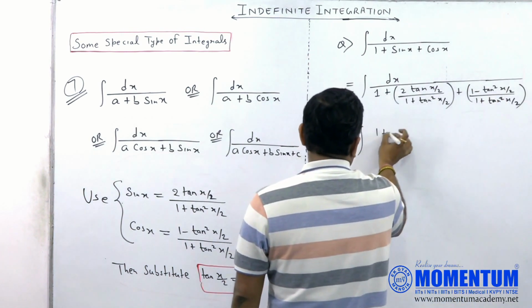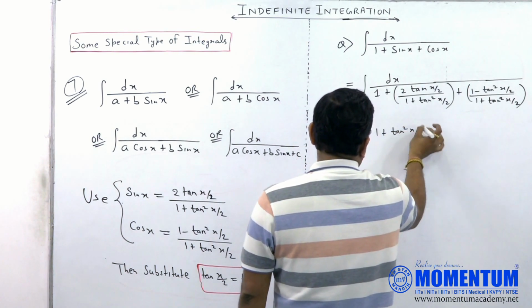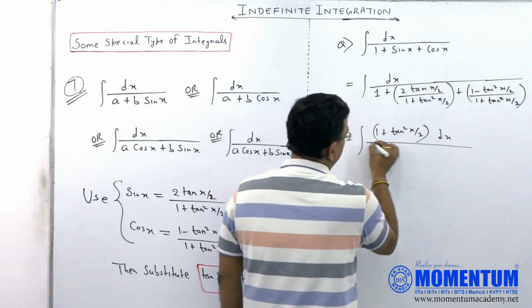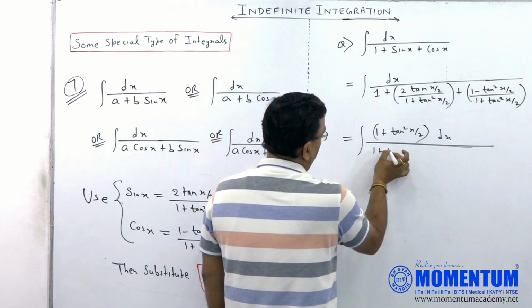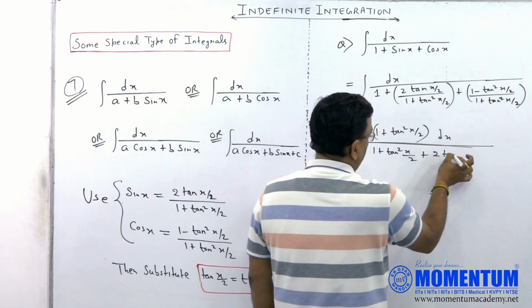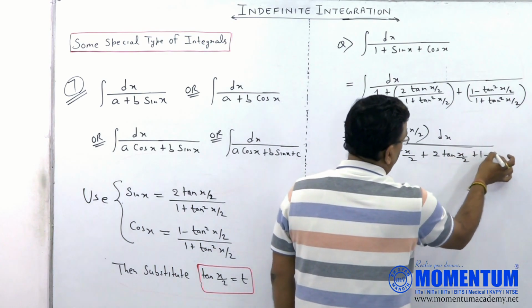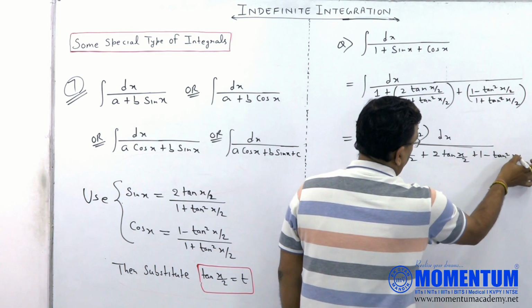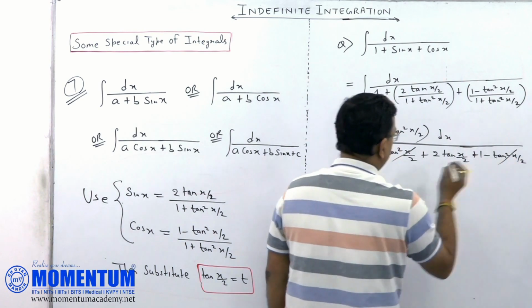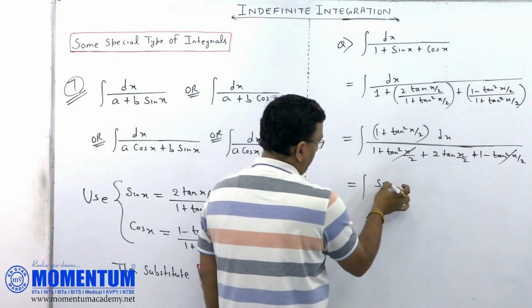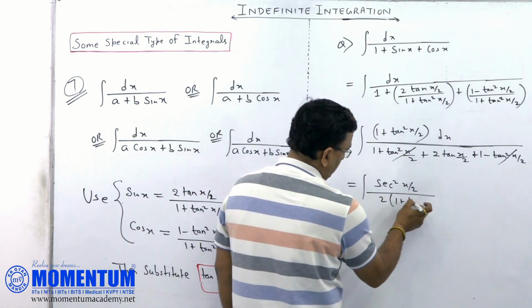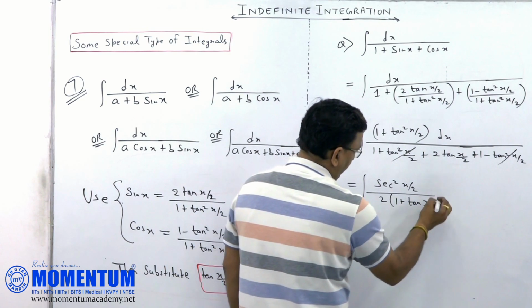Taking LCM, numerator 1 plus tan square x by 2, denominator 1 plus tan square x by 2 plus 2 tan x by 2 plus 1 minus tan square x by 2. We can cancel. So, integration of sec square x by 2 divided by 2 times 1 plus tan x by 2.